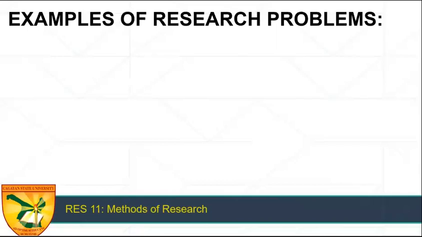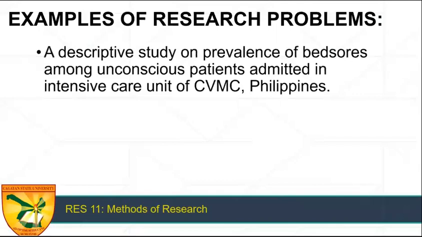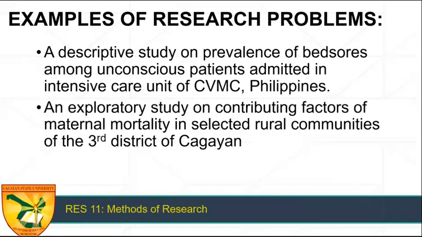So an example of a research problem, we have two examples here. First is this one, a descriptive study on prevalence of bed sores among unconscious patients admitted in intensive care unit of CVMC Philippines. And another is an exploratory study on contributing factors of maternal mortality in selected rural communities of the 3rd District of Manila.